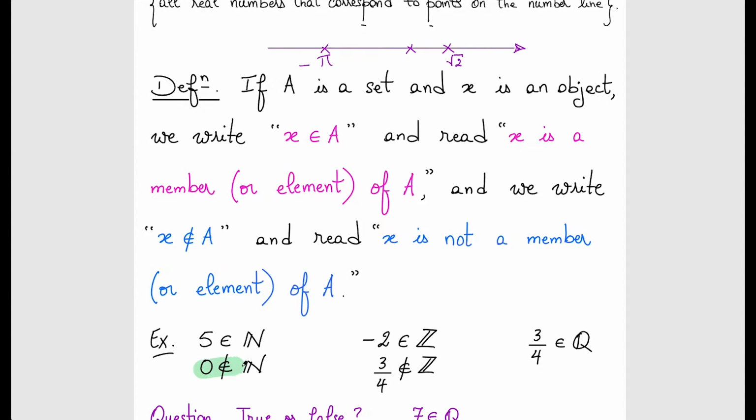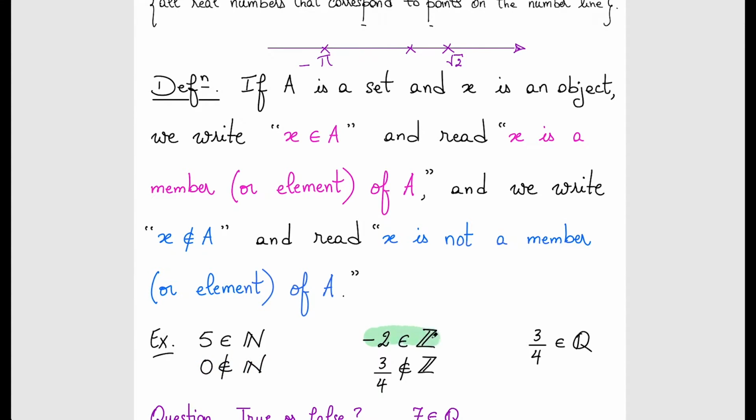Okay. The next one, this one. 0 is not a member of N. 0 is not an element in N. That's correct, because the set of natural numbers contains only positive integers, and 0 is not positive. So this is correct.